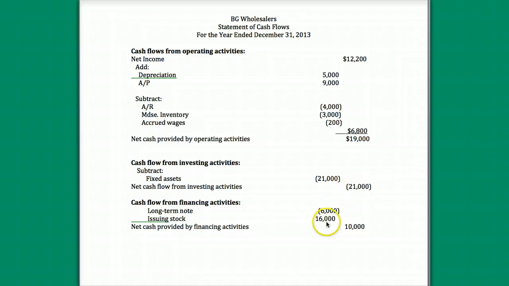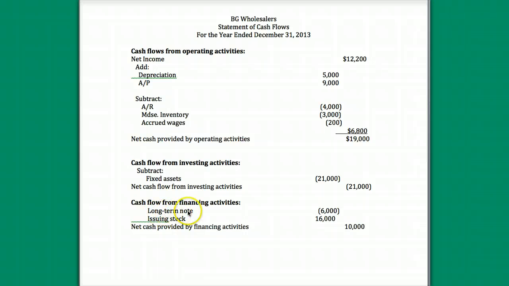But even if we don't know how to do anything else at this particular point, if you go back and look at the previous video and at your book, we actually had more money in the cash account at the end of 13 than we did at the end of 12. So if we move on to the financing activities, this is getting additional investment dollars.